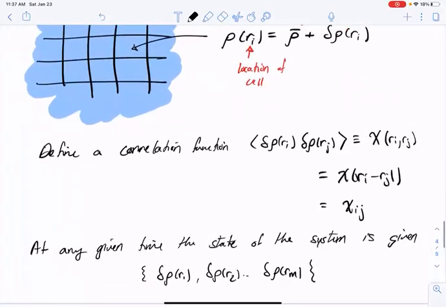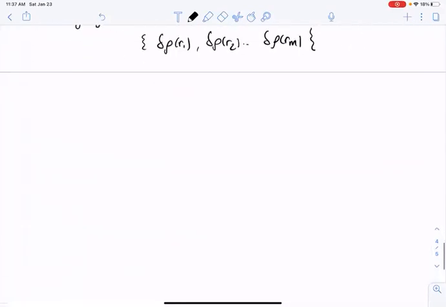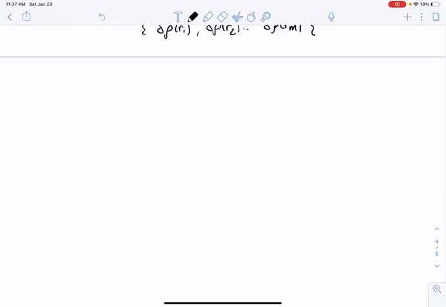Now, a bit of a leap of faith. Let's now assume that that set of densities, that each fluctuation in density at each cell, is a Gaussian random variable.